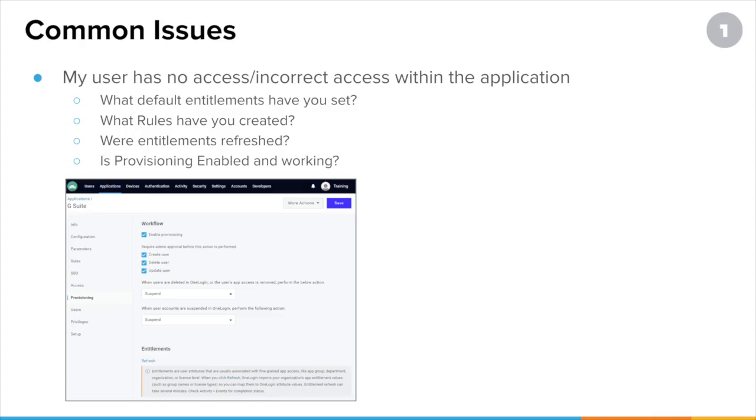So as with any kind of troubleshooting process, where you start looking depends upon the scope. Is this relative to a single user or is this across several users? If it's relative to a single user, then check out, again, maybe some of the rules that apply to them.